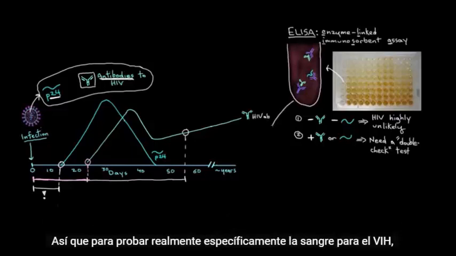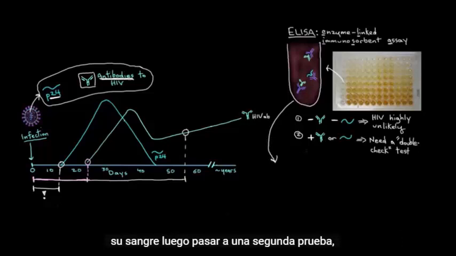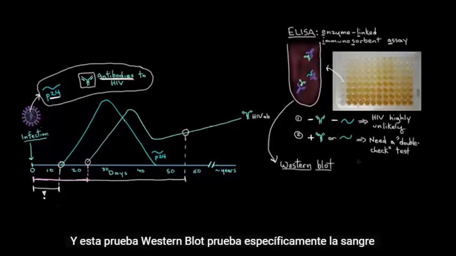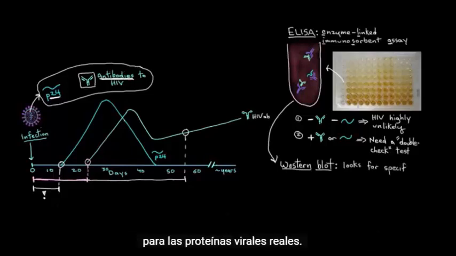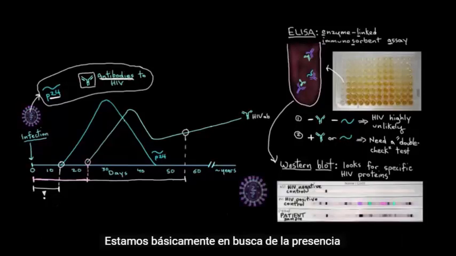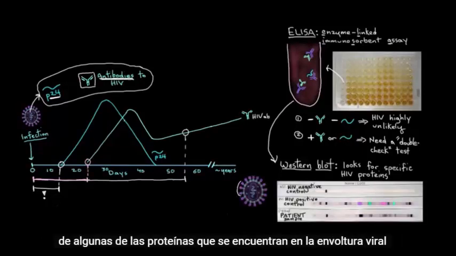So to really specifically test your blood for HIV, your blood will then move on to a second test, a Western blot. And this Western blot test specifically tests your blood for actual viral proteins. So let's say this is our Western blot testing strip here. We're essentially looking for the presence of some of the proteins that are on the viral envelope.